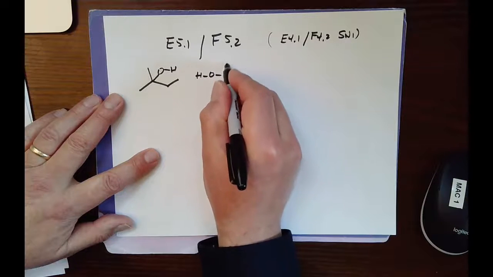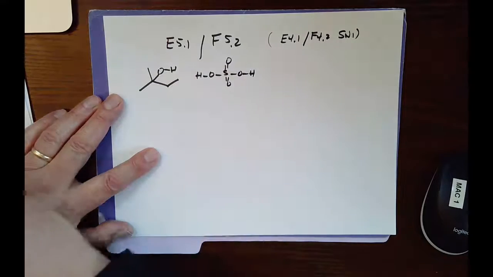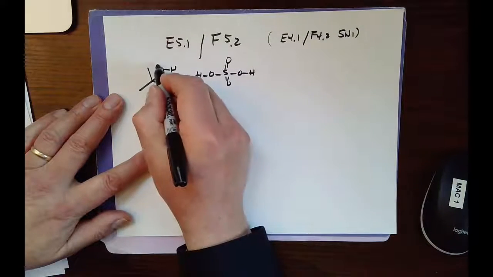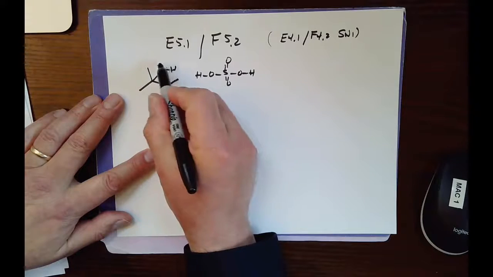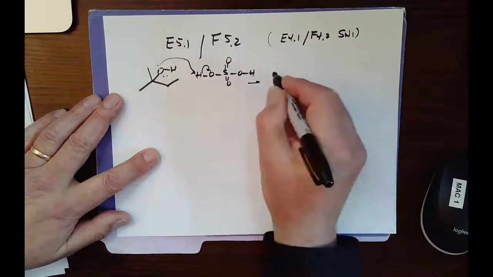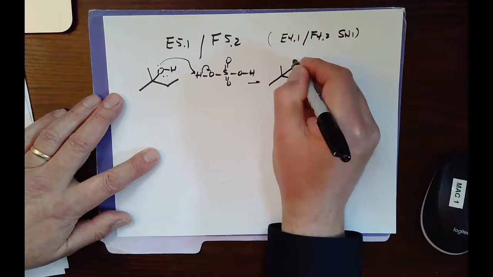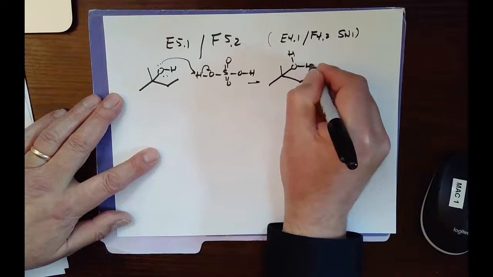Now, sulfuric acid is a very strong acid, but unlike HCl, when we do the acid-base reaction and the proton transfer, we do the same thing, converting the OH to water, which is a good leaving group.